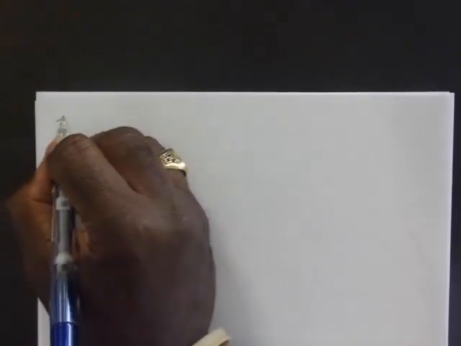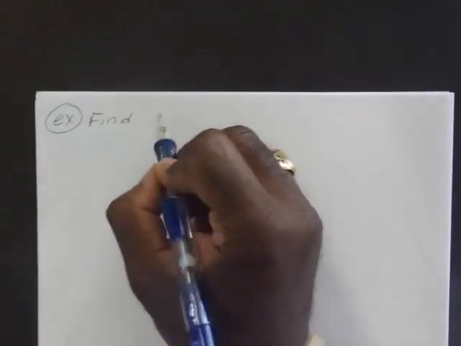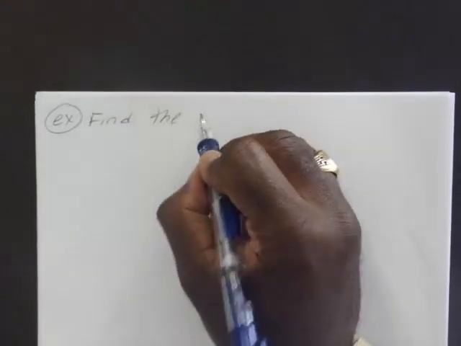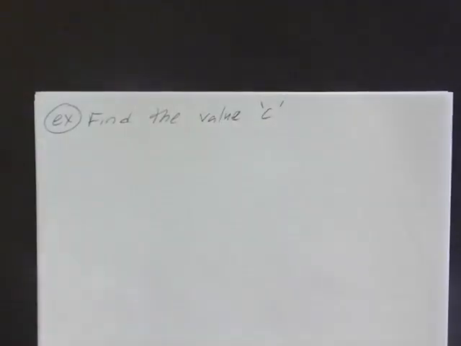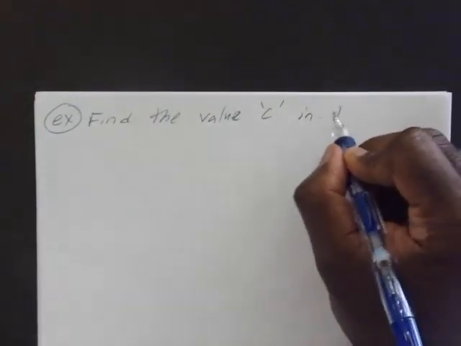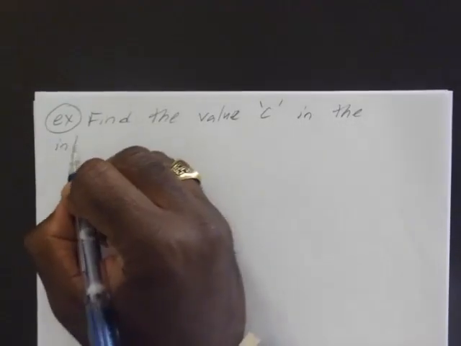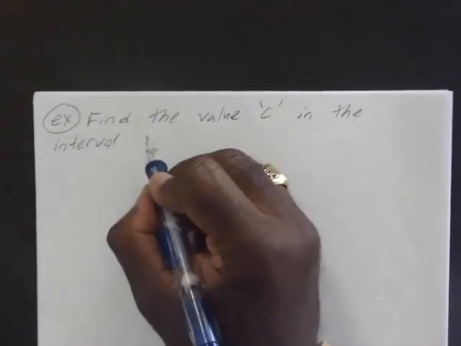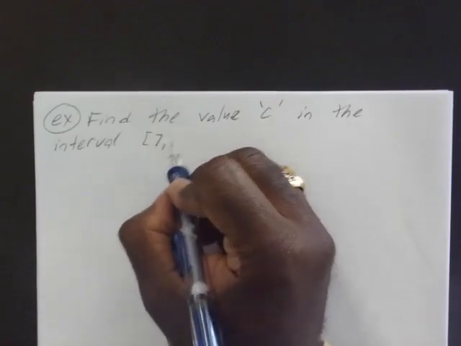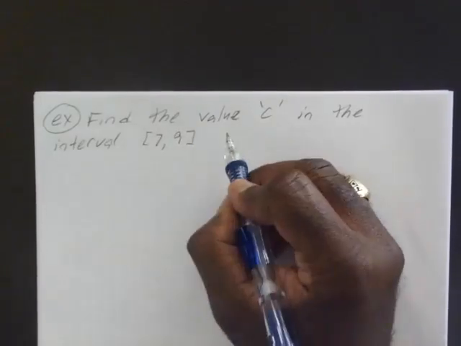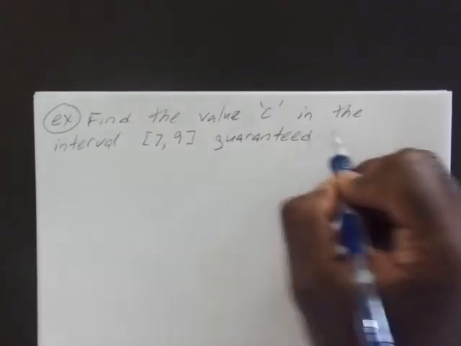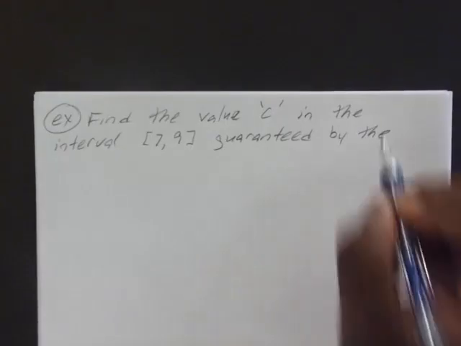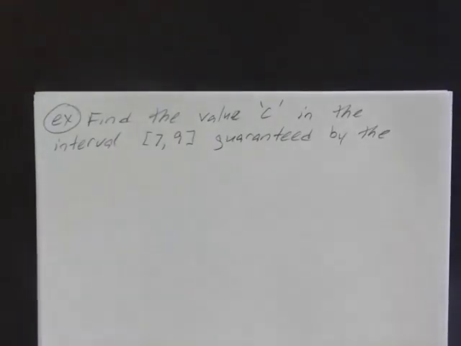So let's say, for example, if we wanted to find the value, and we'll call that value C, in the interval from x equals 7 to x equals 9, guaranteed by, of course, the mean value theorem.